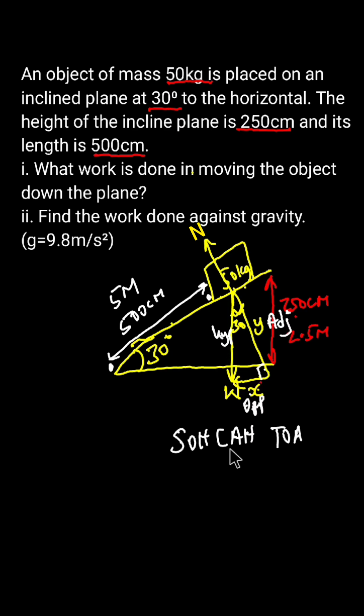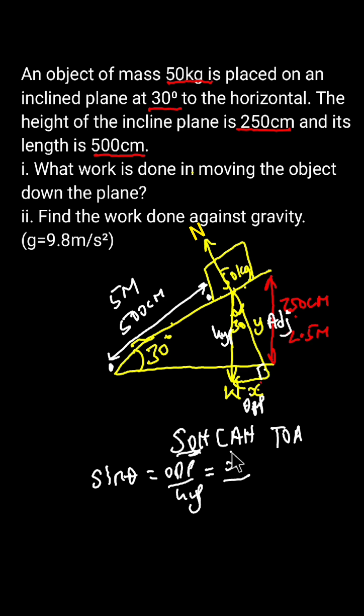Now in this SOHCAHTOA, which of these do we have opposite and hypotenuse present in? So the answer is sine. This is opposite, this is hypotenuse. So we write sine theta is equal to opposite over hypotenuse. Then this is equal to, from this diagram, our opposite is x, then over our hypotenuse.